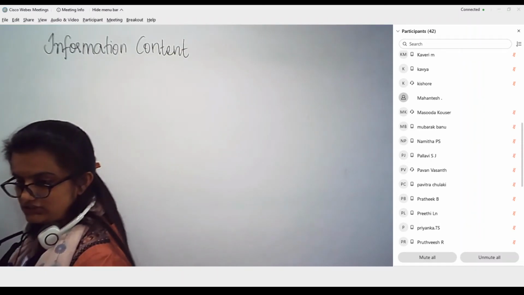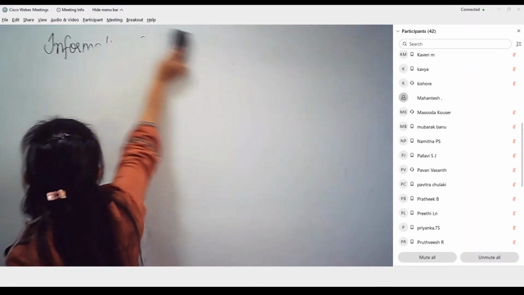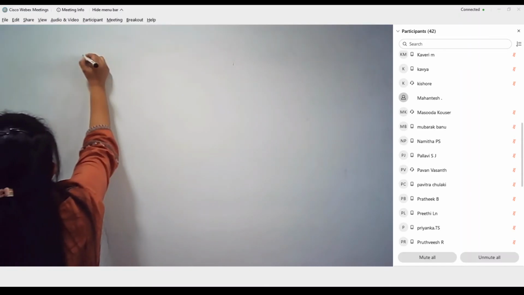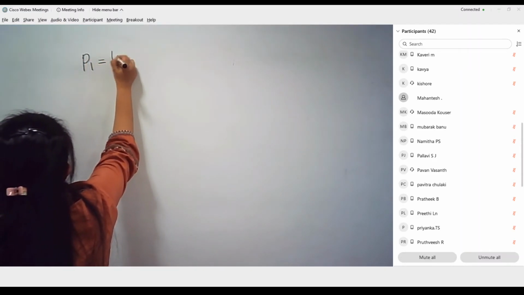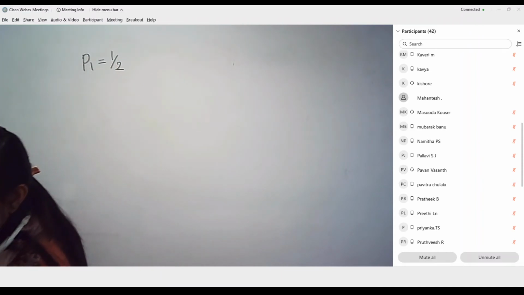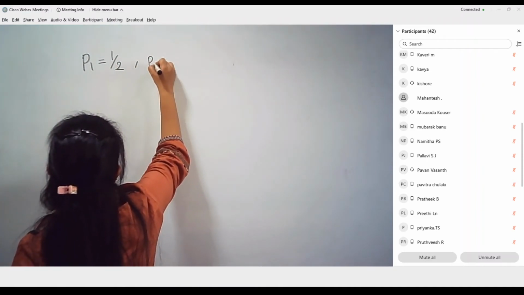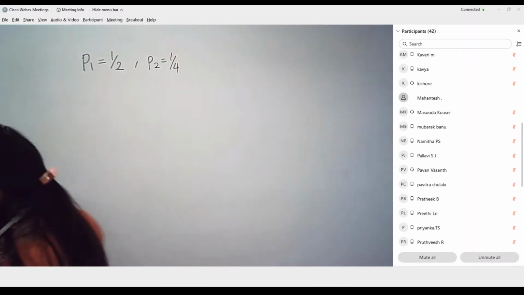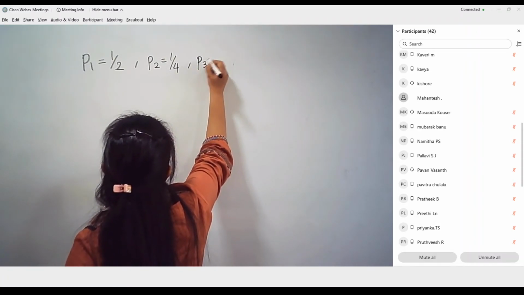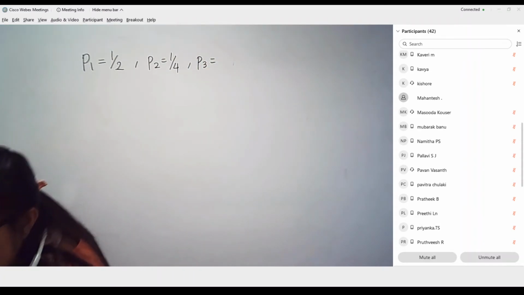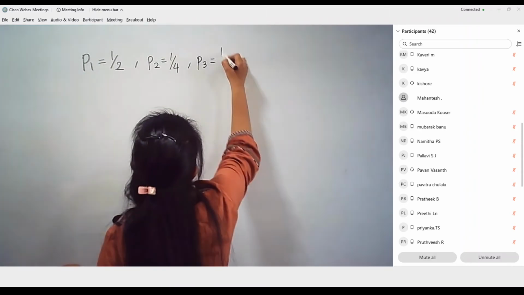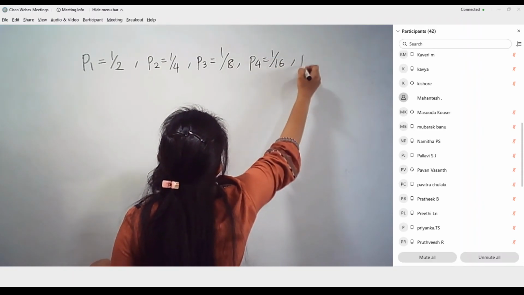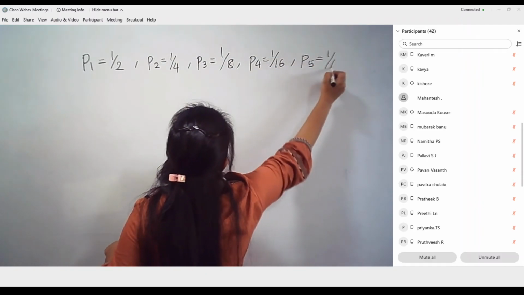During each message interval, the probabilities of these messages are P1 is equal to 1 by 2, P2 is equal to 1 by 4, P3 is equal to 1 by 8, P4 is equal to 1 by 16, P5 is equal to 1 by 16.